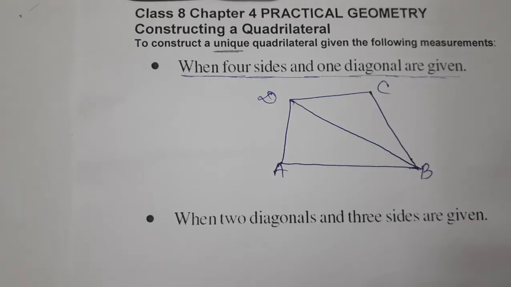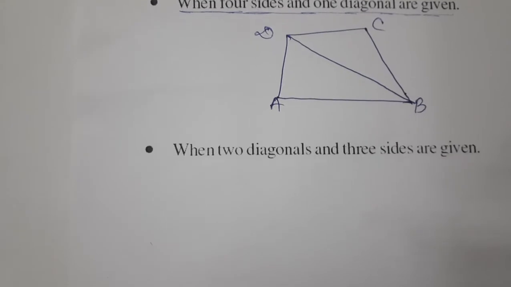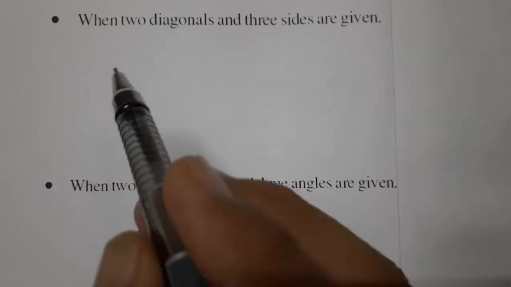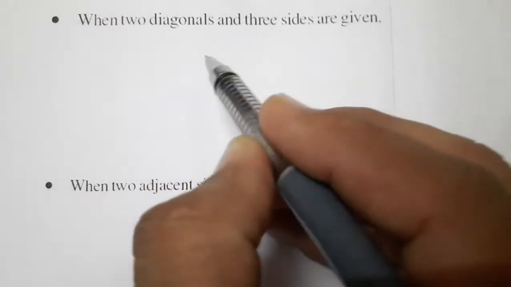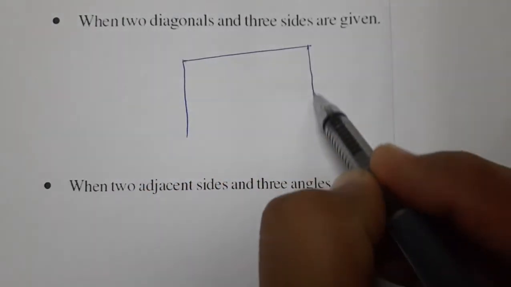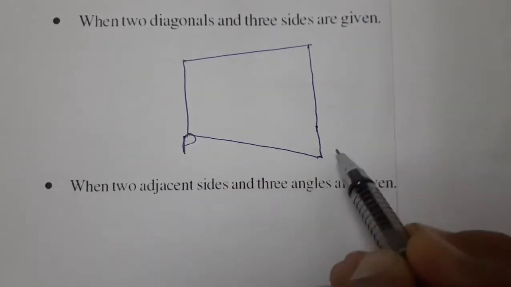Second, the second one is when two diagonals and three sides are given to us. So PQRS, let's name it.